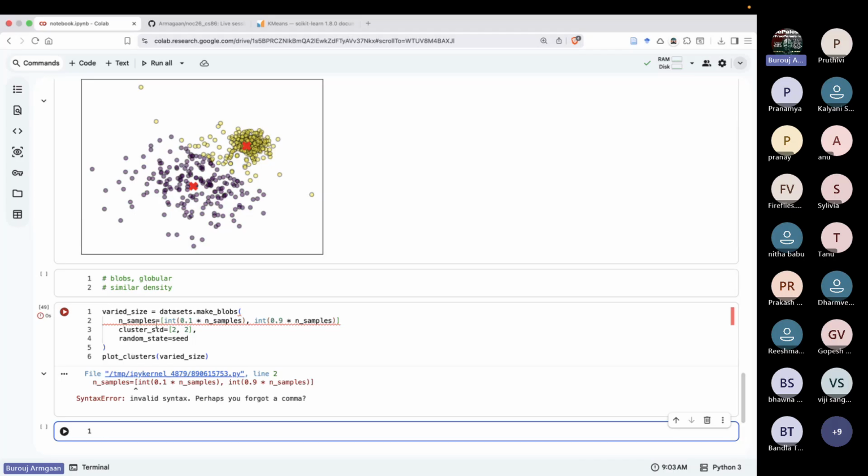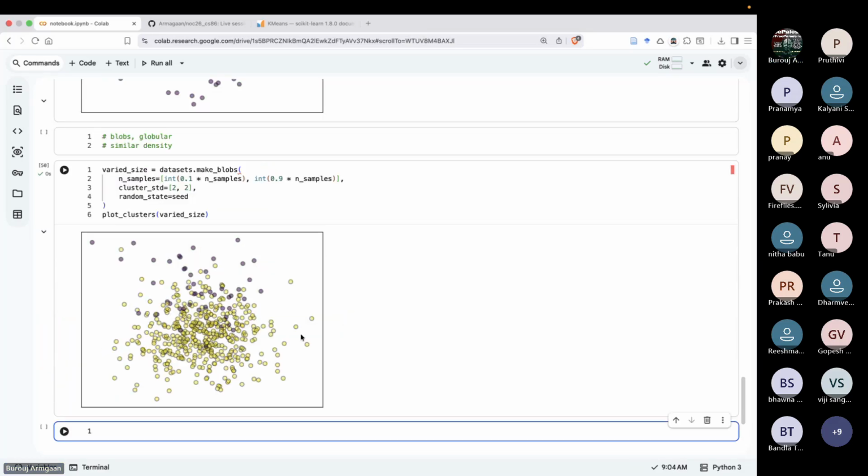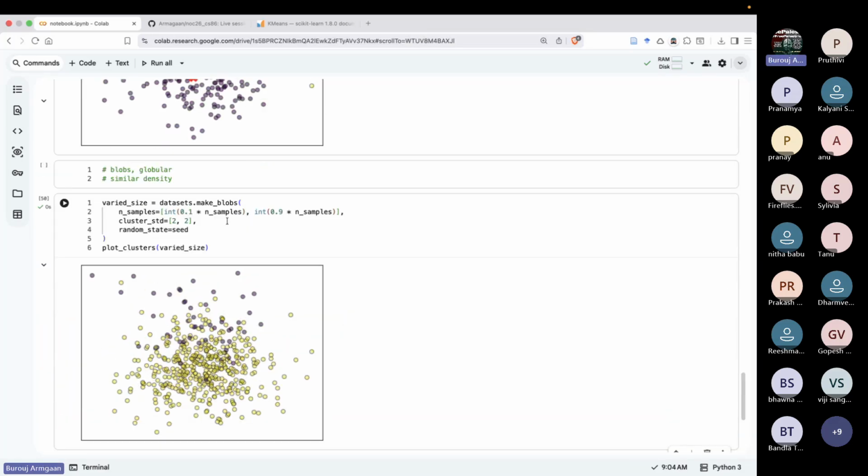Invalid syntax. Why is this invalid syntax? Because integer of 0.1 times number of samples. So maybe this is too close.